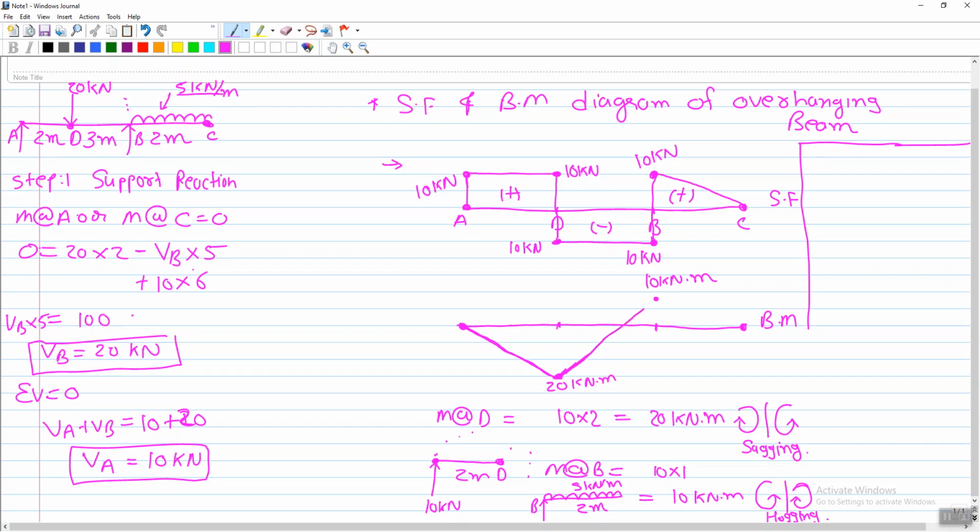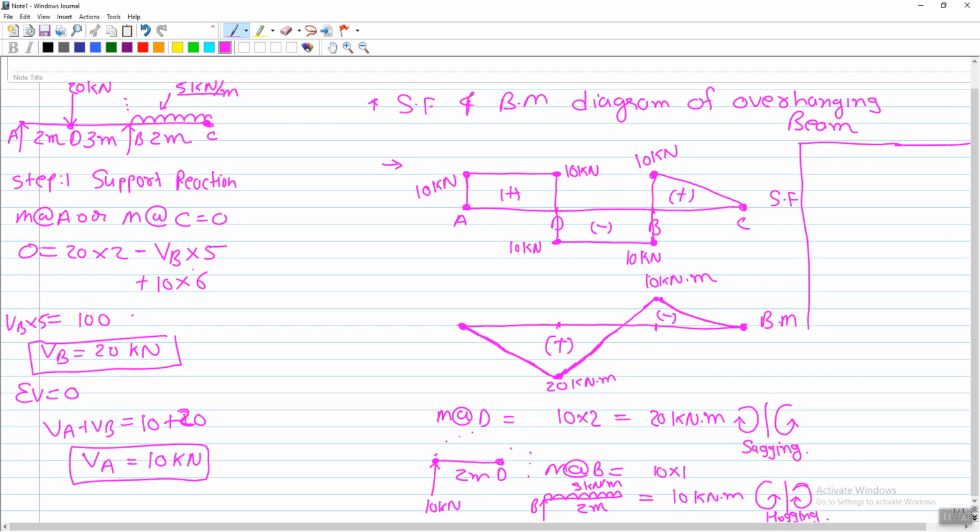So you have to again join it with a straight line, right? And from this UDL, as you know, it is a parabola. So here the line having a curvature is a parabola. You people know that it's a minus sign and a positive sign, and this is the bending moment diagram of an overhang beam.